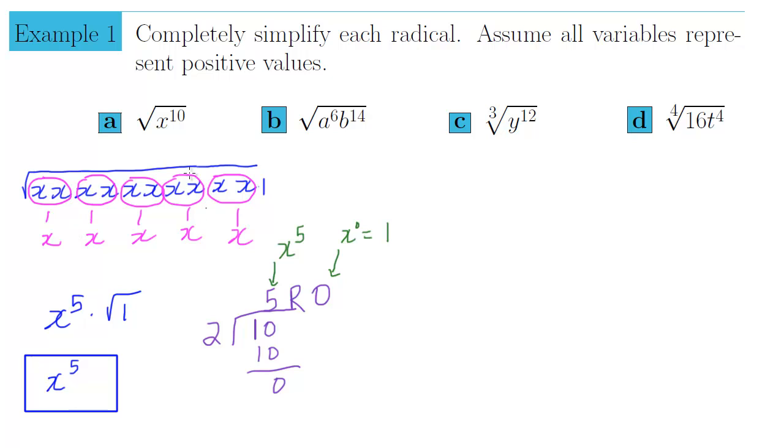So, as we get used to simplifying radicals with variables underneath, we can convert our simplification problem into a grouping problem. How many groups of 2 identical factors are there in 10 factors of x? There's 5, so we have an x to the 5th outside, and then there's nothing remaining, so we have nothing left inside.